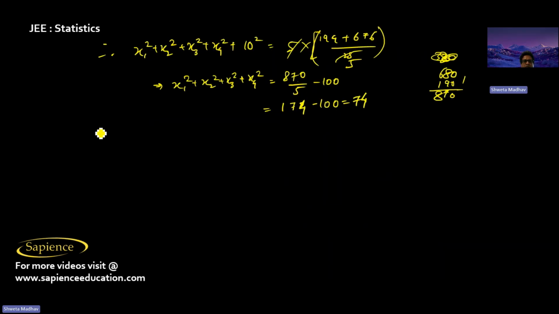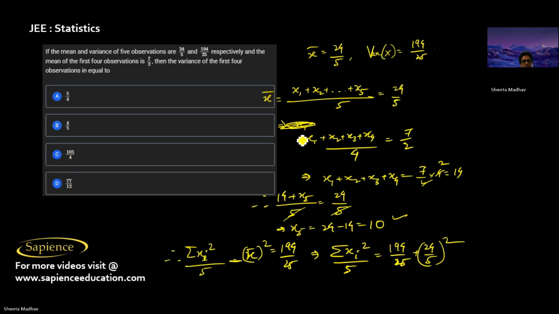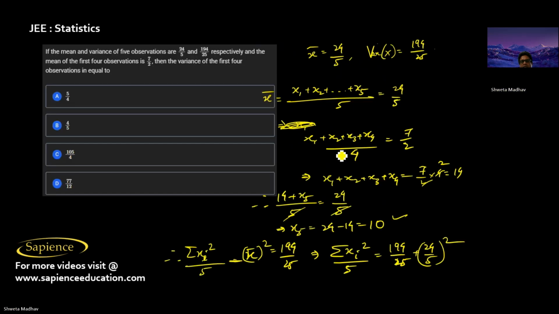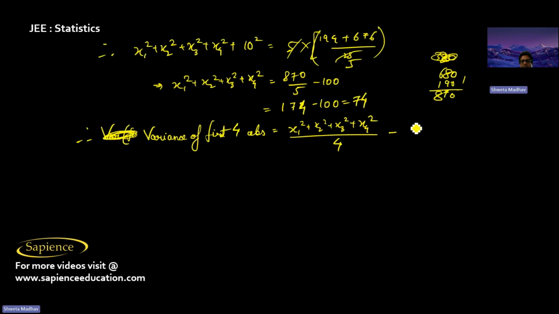So now the variance of the first 4 observations will be equal to (x1 square plus x2 square plus x3 square plus x4 square) divided by 4 minus the mean of the first 4 observations, that is 7/2, whole square.